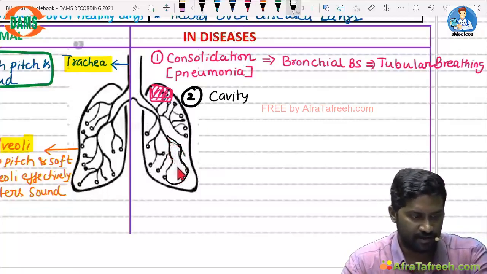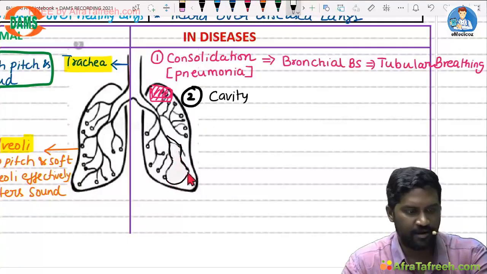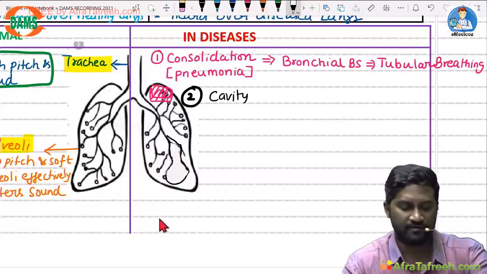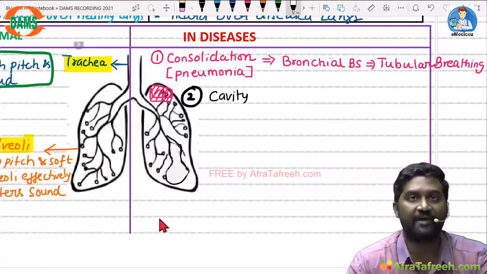So all these alveoli can be damaged and form a uniform air-filled space communicating with the bronchus. This area is called a cavity.